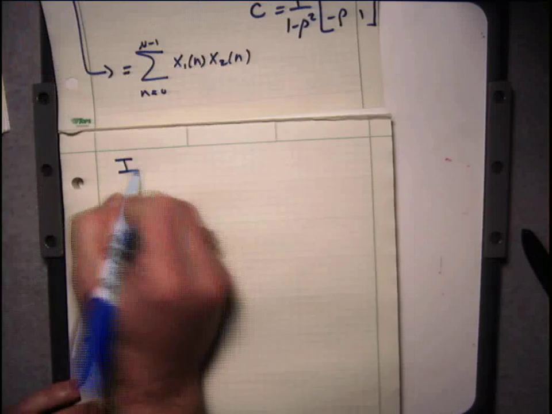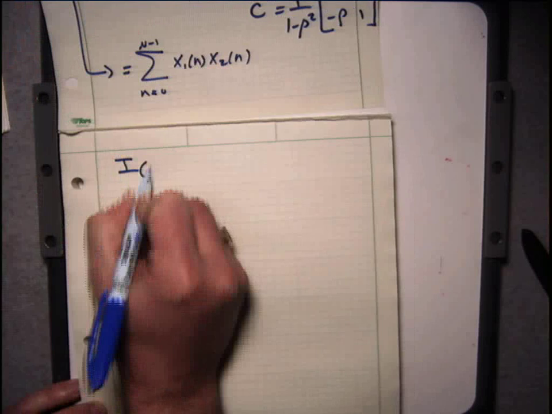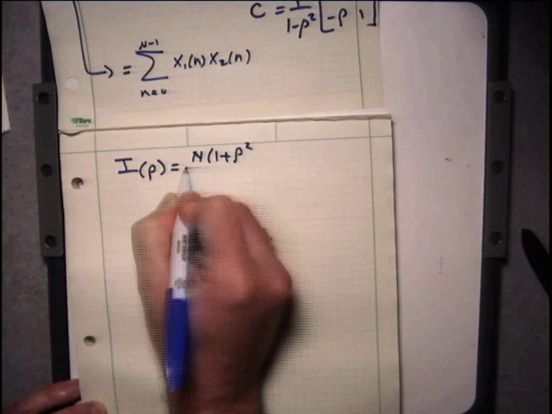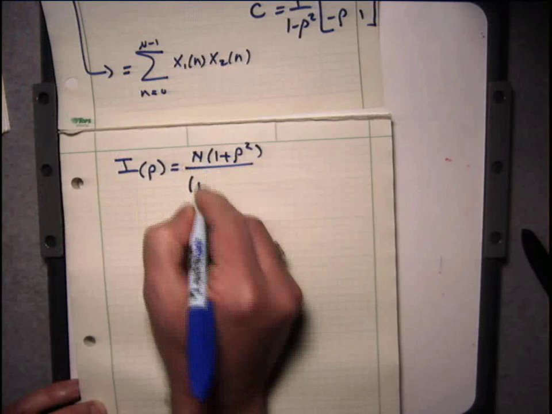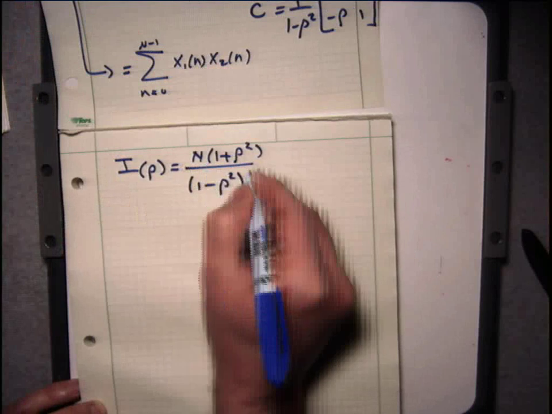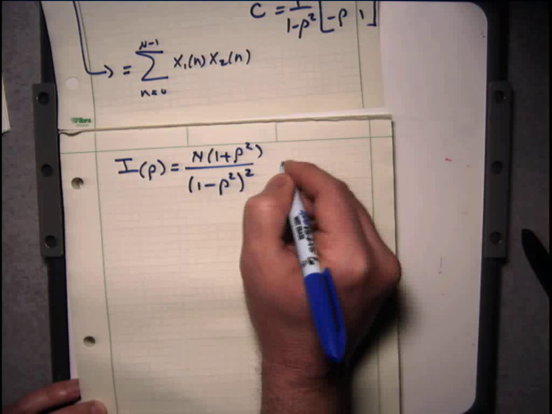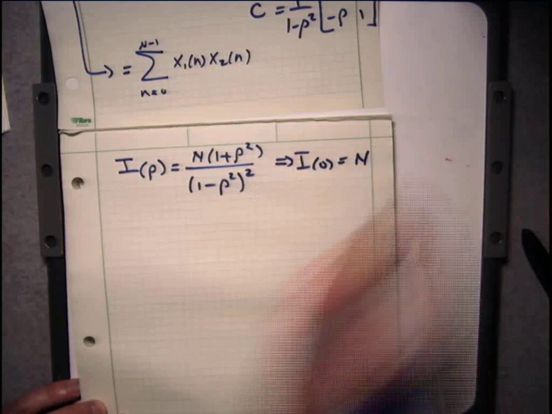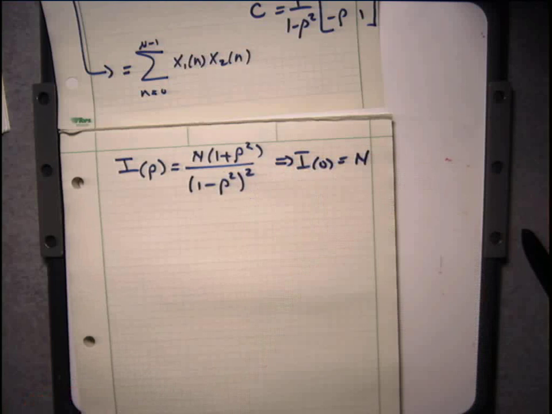So this I of rho turns out to be n times 1 plus rho squared divided by 1 minus rho squared, squared. And so if you evaluate this at 0, I of 0 is equal to just n. Okay?